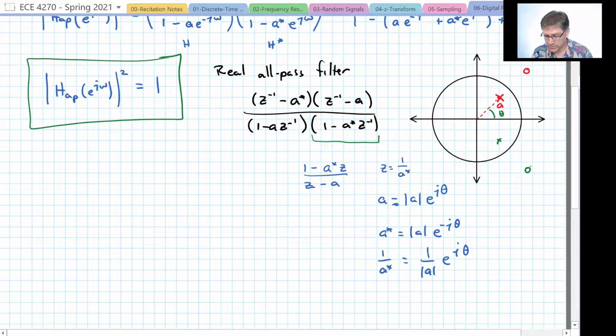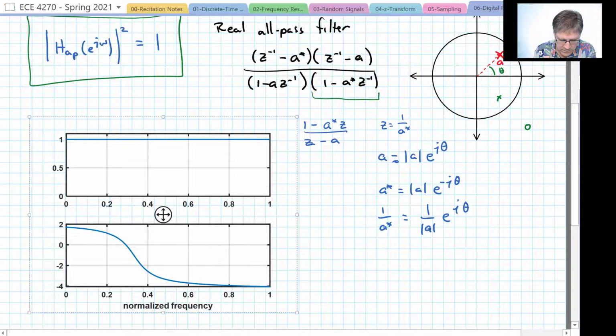Essentially, as we go around this circle to find our frequency response, the impact of the pole and the zero, the way they're placed, are always going to perfectly cancel each other out. But the phase impact of the pole and the zero are different. So an all-pass filter will have a uniform frequency response, but the phase response is going to experience a sharp change as we get near those poles and zeros. The closer the pole and the zero are, respectively, to the unit circle, the sharper that change is going to be.